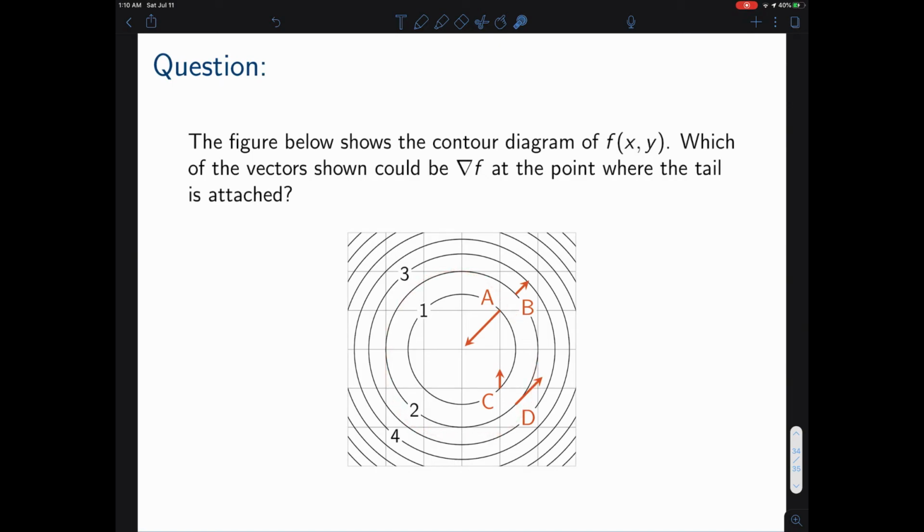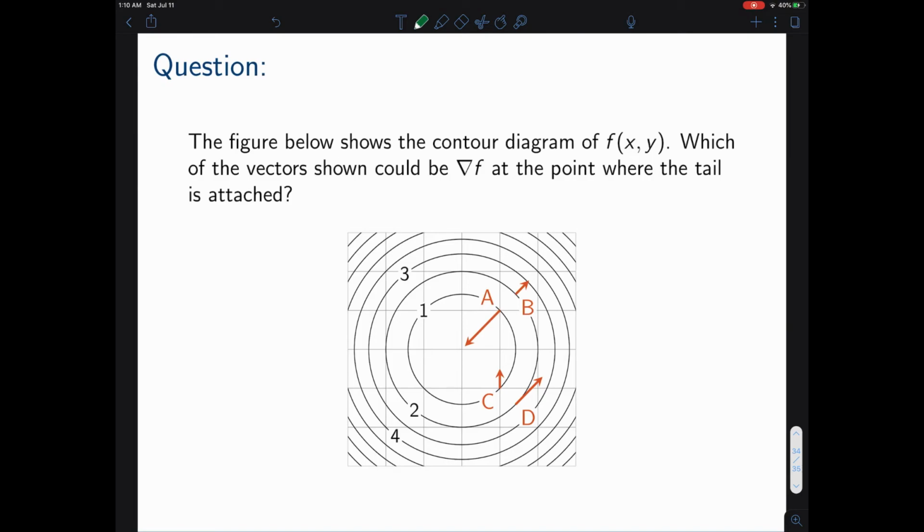There's a contour diagram of a function f of x, y. So notice that 1 is the innermost circle, then 2, then 3 is the next circle after that, and then 4, and so on. So the numbers are getting bigger as you go out. Okay, so out of the points A, B, C, and D, out of those 4 points and those 4 vectors, which one of them could be the gradient of f at its corresponding point? What do you think? Pause the video and think about it.